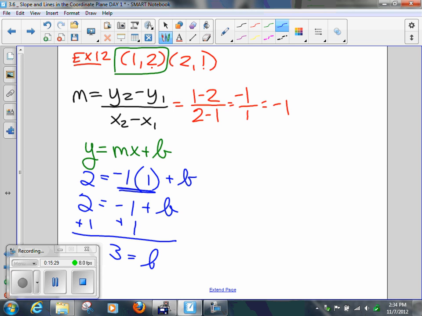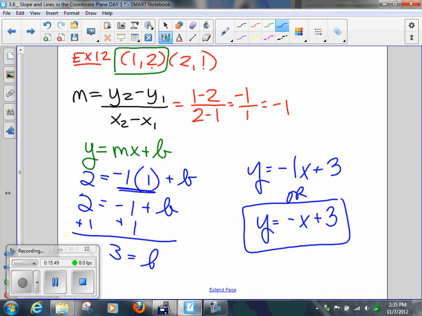How many of you got your y-intercept as 3? Step 3 said write your new equation, correct? y is equal to, what was our m? -1 x plus 3. Or the best way, clean it up, -x plus 3. How many of you had one of those two equations?